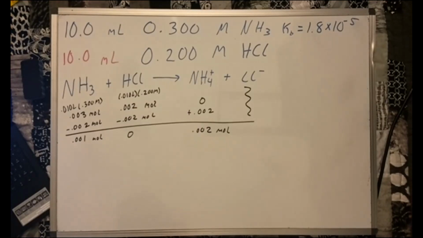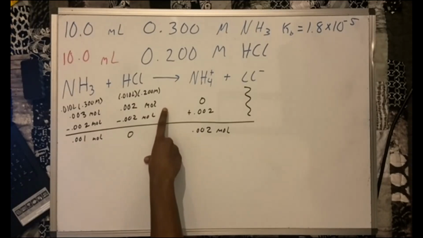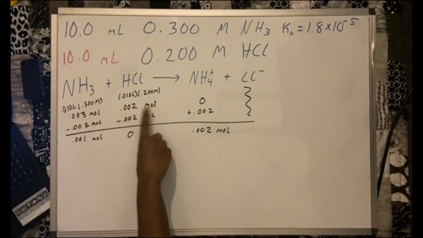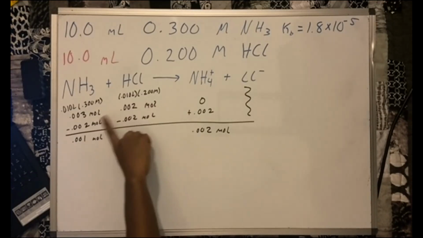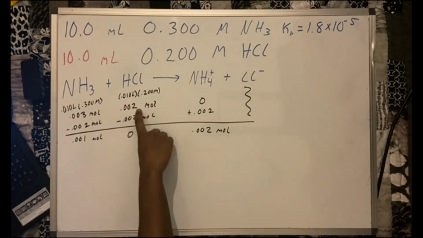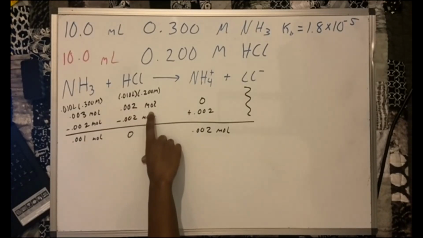Well, hold on. Why do we add 0.002 to NH4? It's kind of like your equilibrium, but it's not. So on this side, this is my limiting reactant, so I'm going to lose 0.002 moles of that, right?